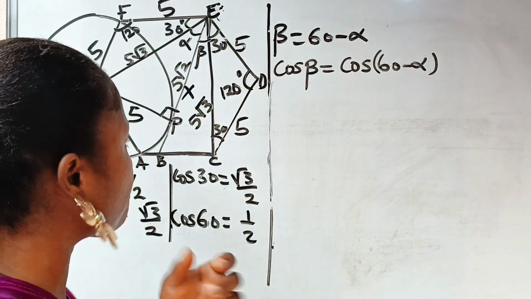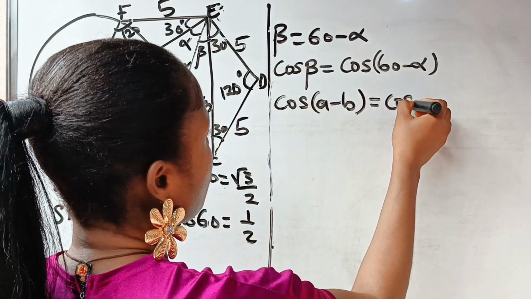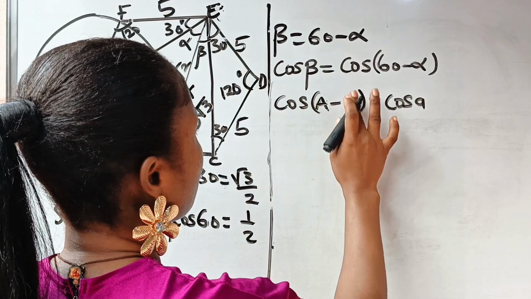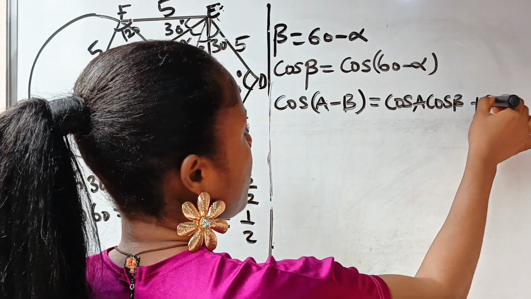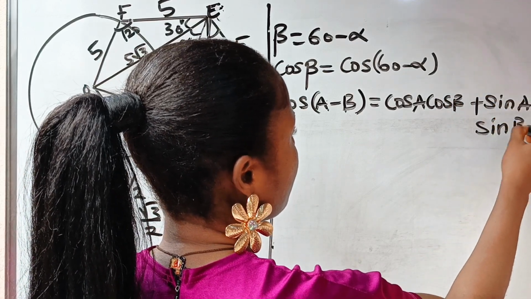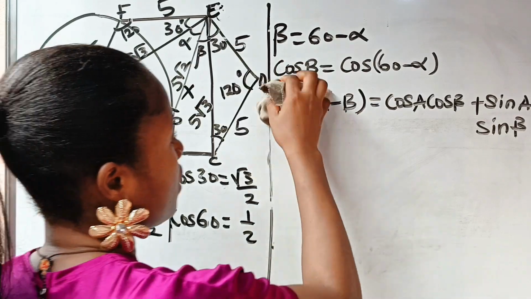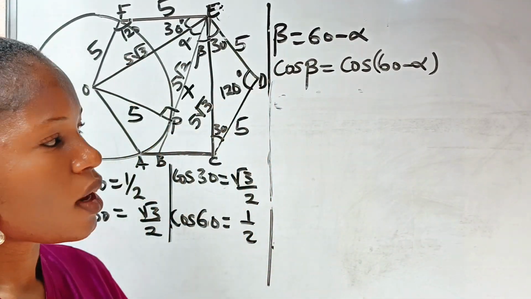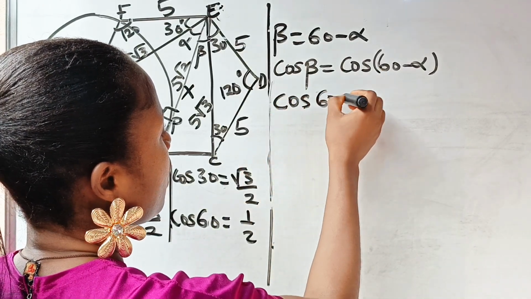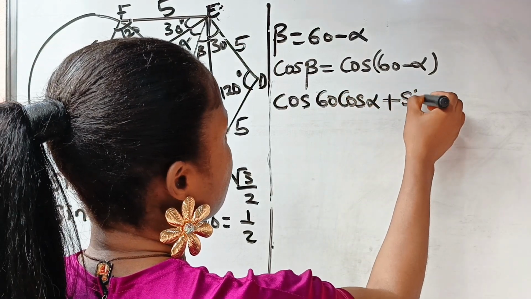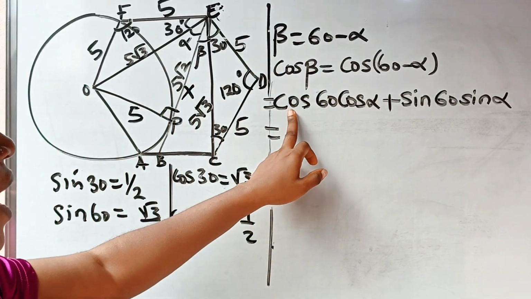But remember that cos(A minus B) is equal to cos A cos B plus sin A sin B. Okay, cos A cos B plus sin A sin B. So that simply means that cos(60 minus alpha) is cos 60 cos alpha plus sin 60 sin alpha. Okay, so this is equal to, now remember that cos 60 is half.